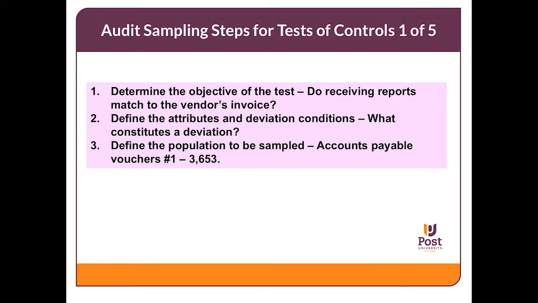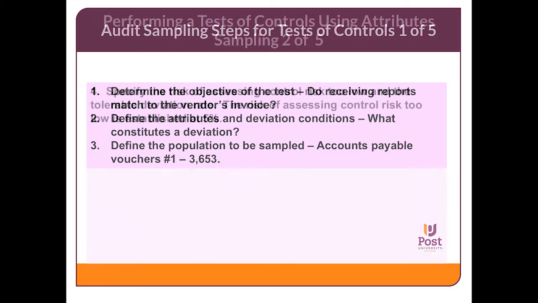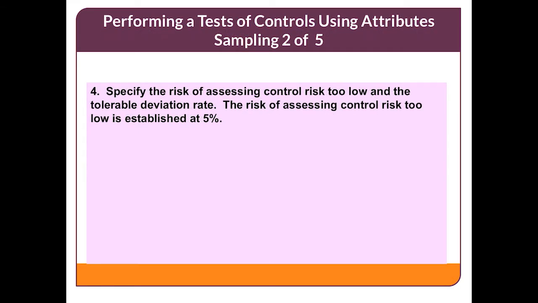In this case, we're going to use accounts payable vouchers number 1 through 3,653. You must specify the risk of assessing control risk too low and the tolerable deviation rate.